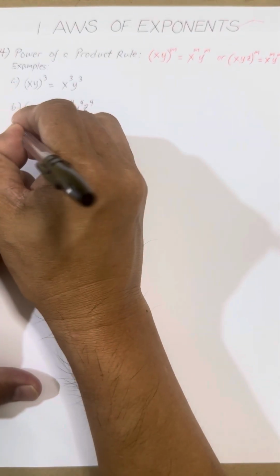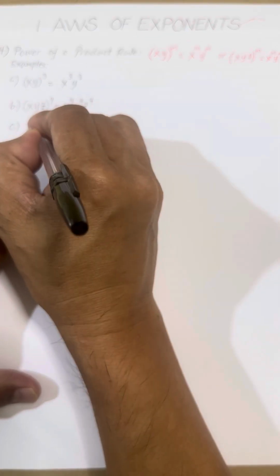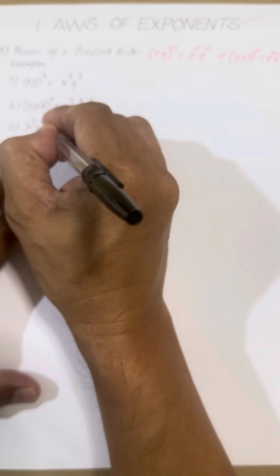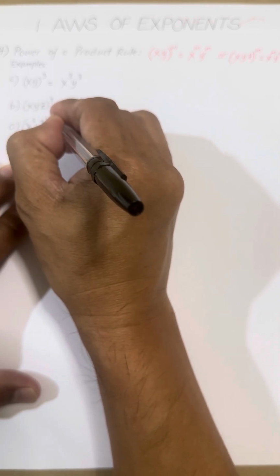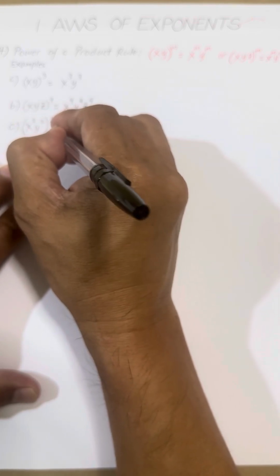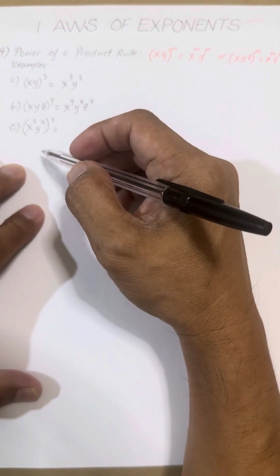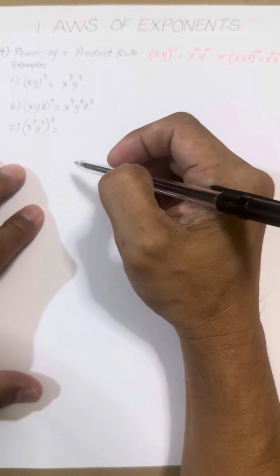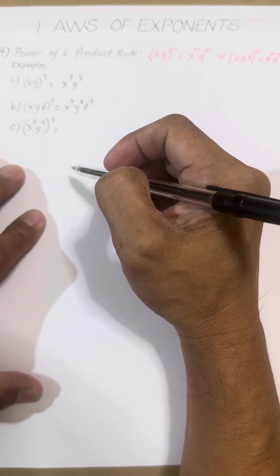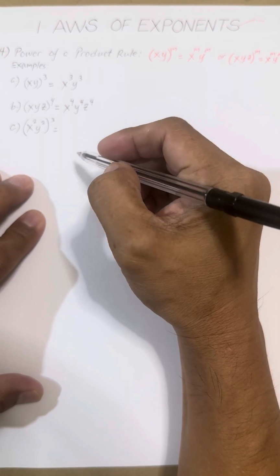Okay, and then another example, if you're given x squared y to the power 2, or y squared, then raised to a power 3. So this is now a combination of the previous rule, the power of a power rule, and rule number 4, power of a product rule.